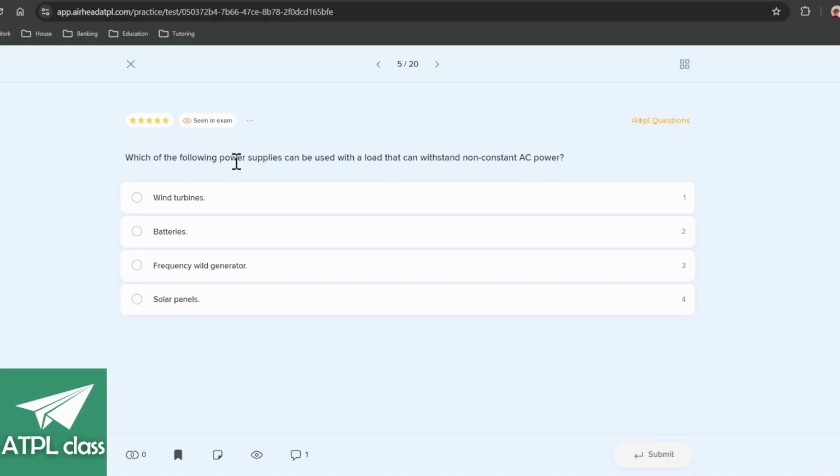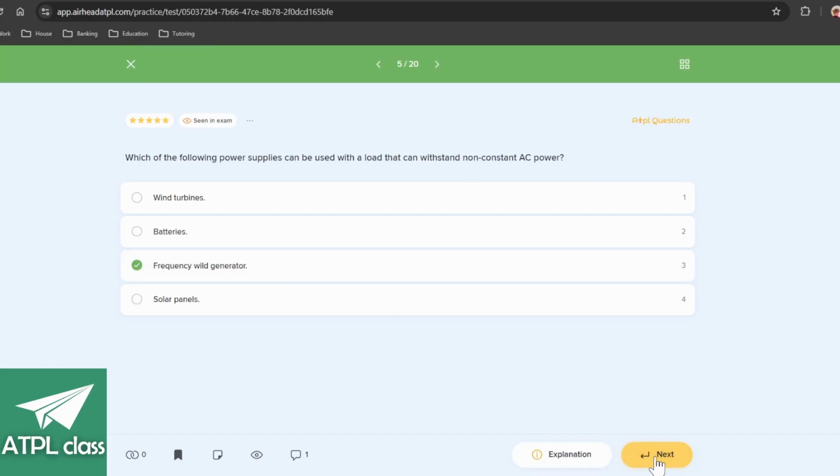A wind turbine is going to give you a pretty consistent frequency. They're designed to do that. Battery doesn't have anything to do with frequency. Solar panel, I'm not sure. I think solar panels do DC power. So I'm going to go for frequency wild, because that means that the frequency is all over the place, which means non-constant AC power, which is correct.